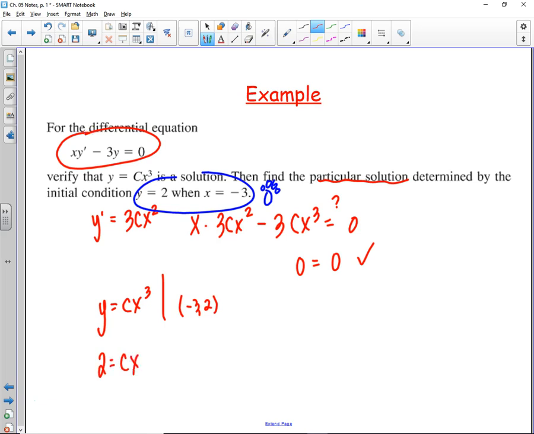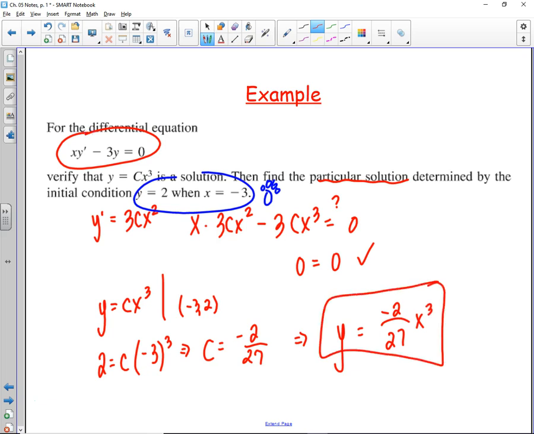This is introducing you guys to the idea that c eventually will not always end up in a plus c spot after simplifying. This one I would get negative 2 over 27, which would lead me to the particular solution of y equals negative 2 over 27 x cubed.